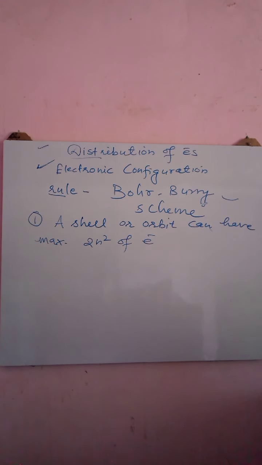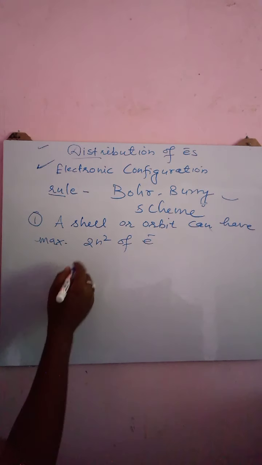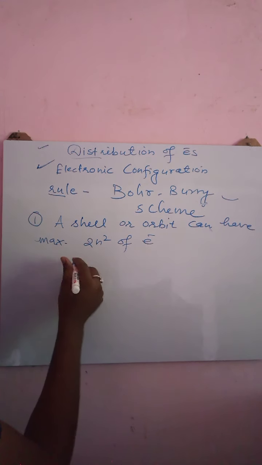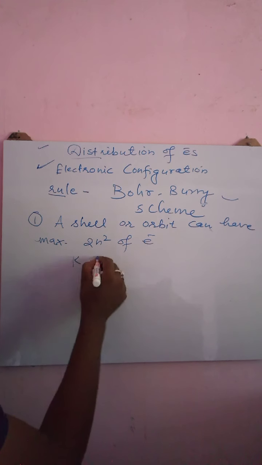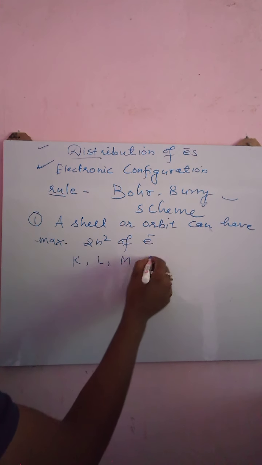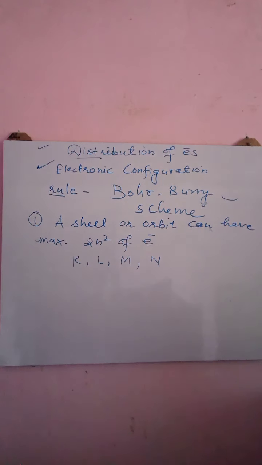We all know scientist Niels Bohr labeled the shells as K, L, M and N, maybe O, P, Q, R, S as well. It depends on the number of electrons present in an atom.